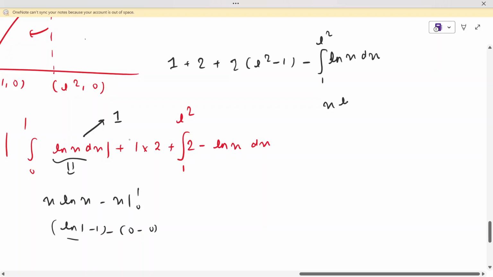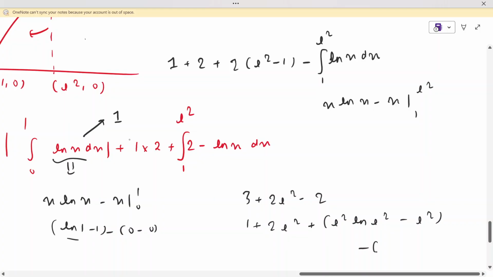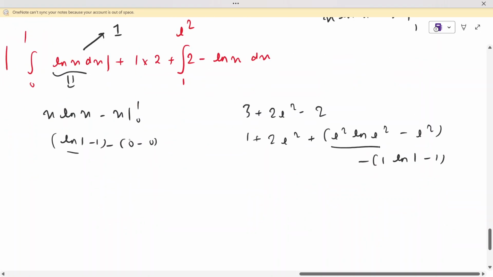We'll write as x ln x minus x, from 1 to e square, plus 2e square plus e square ln e square minus e square minus 1 ln 1, minus. So it is like 2e square and again minus, equals 3e square minus plus. So 2 plus 3e square.